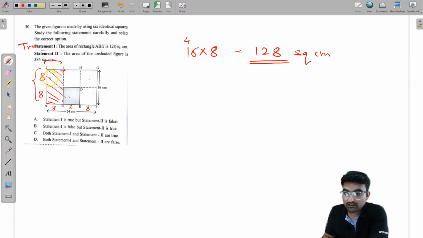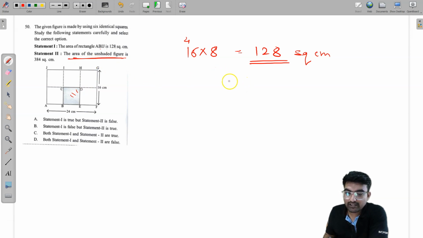Now let's check statement 2. The area of the unshaded figure is 384 square centimeters. So for that we have to find the area of the unshaded figure. That's so easy, right? What can we do? We have to find the area of the complete region, and then subtract the area of the shaded part to get the area of the unshaded figure.